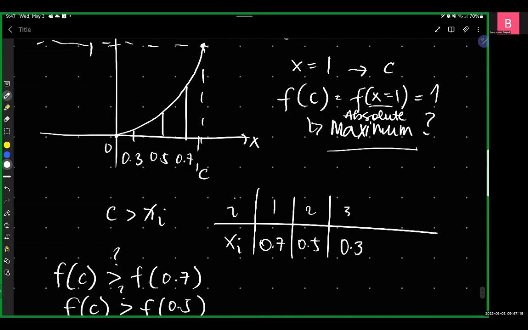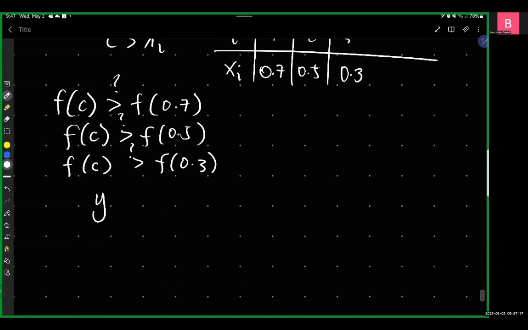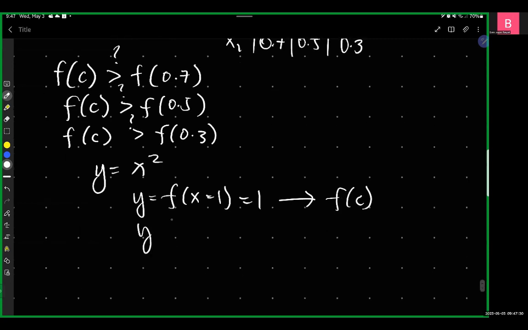So now let's check. Our function is y equals x squared. So we know that y equals f of x at 1 is equal to 1, and this is your point f of c. Let's check now for f of x at 0.7. So this is basically 0.7 squared. So what is 0.7 squared?